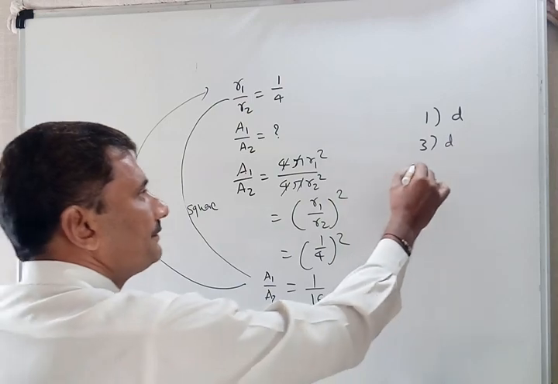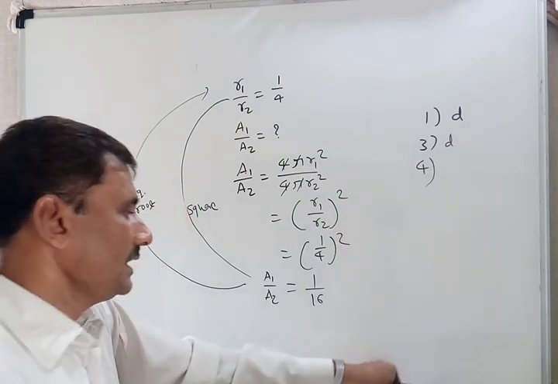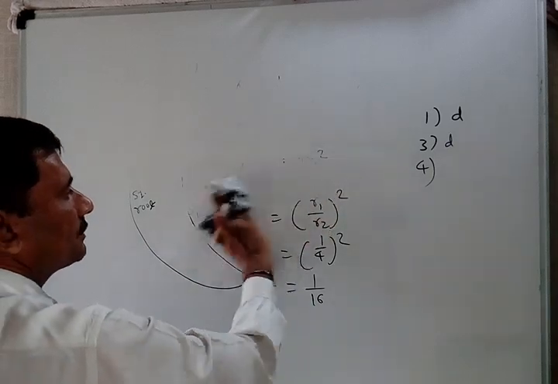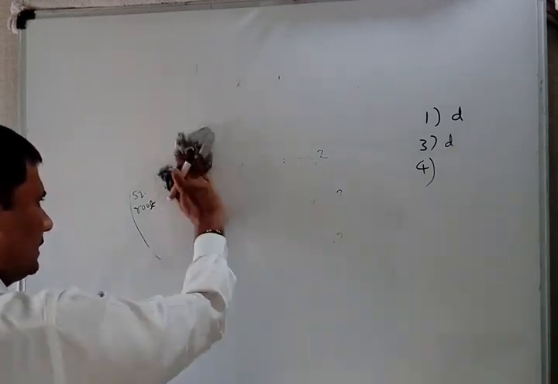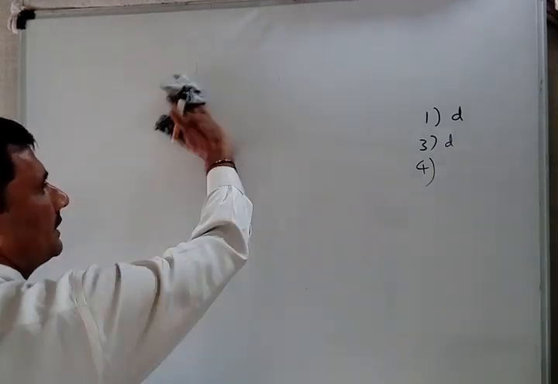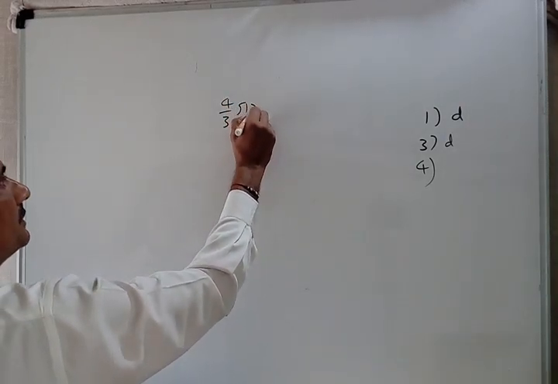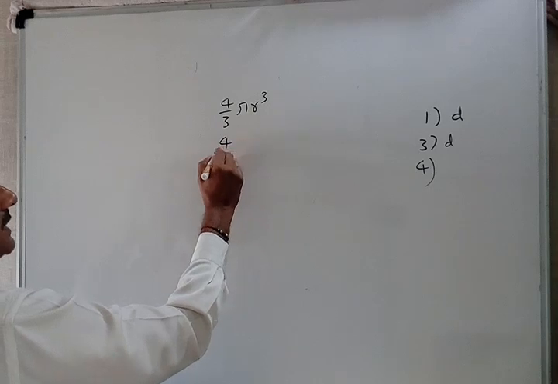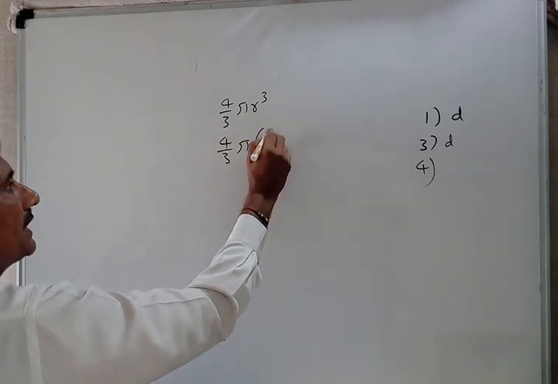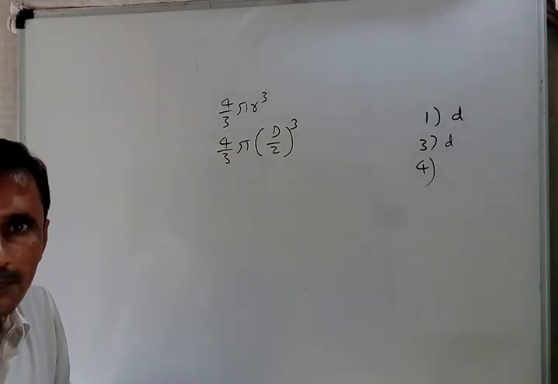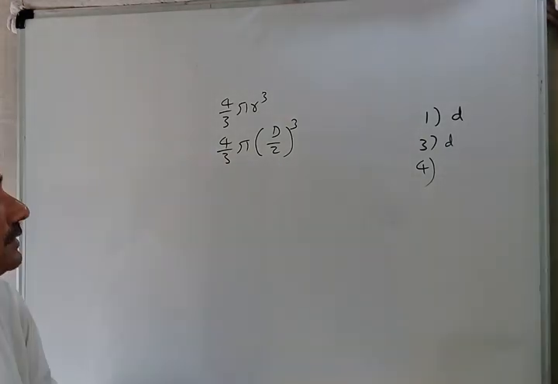Now number 4. In number 4, they are asking for the volume of a sphere, but in terms of D, not R, in terms of diameter. You know the formula 4/3 pi r cube. So obviously we can replace R by D upon 2.